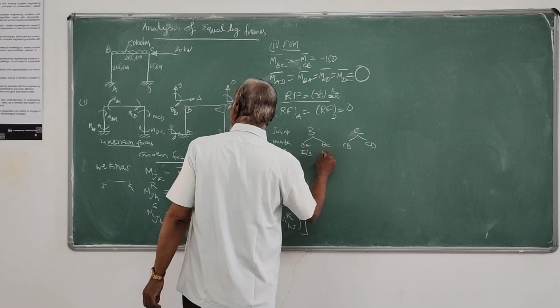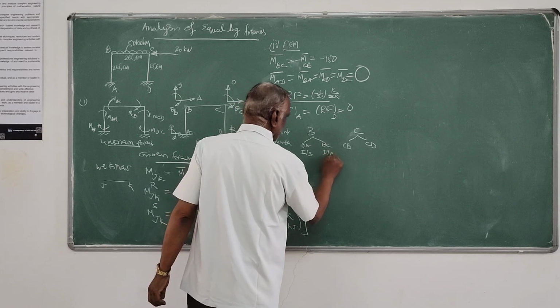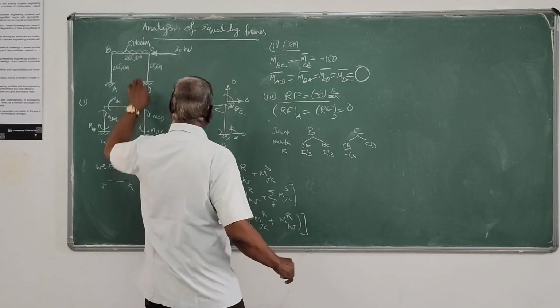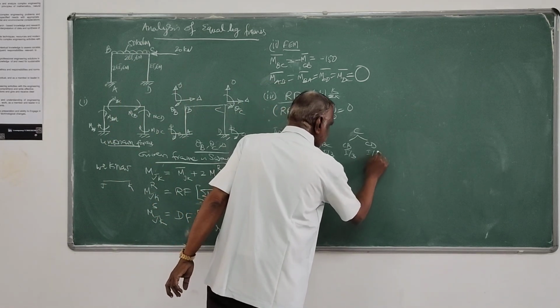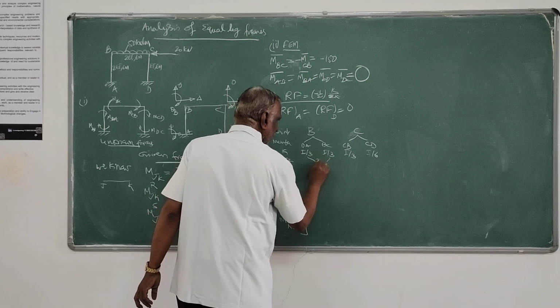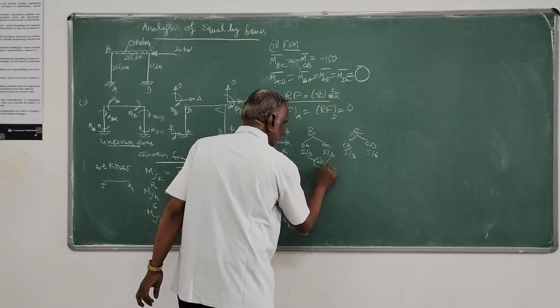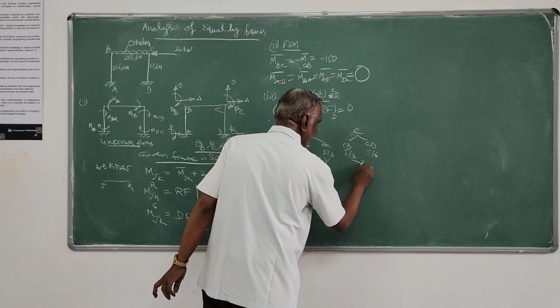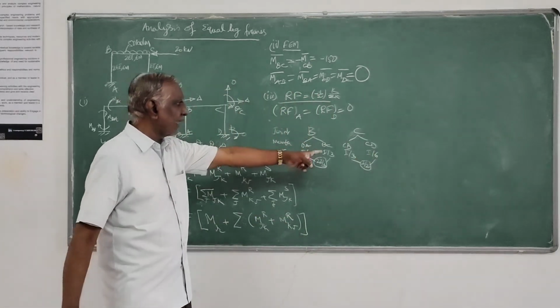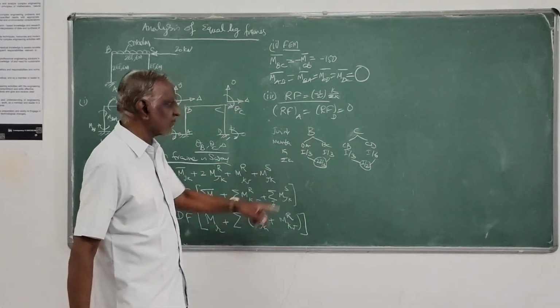Then BC also I by 3. CB is the same as BC, I by 3. CD is I by 6. So then sigma K at B is 2I by 3, and at C it is I by 2. 2 plus 1, 3, 3 by 6 is half.